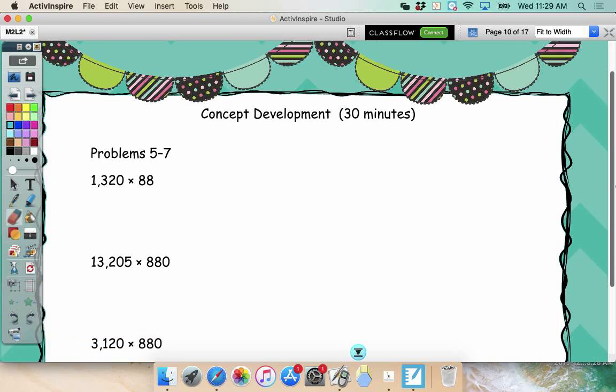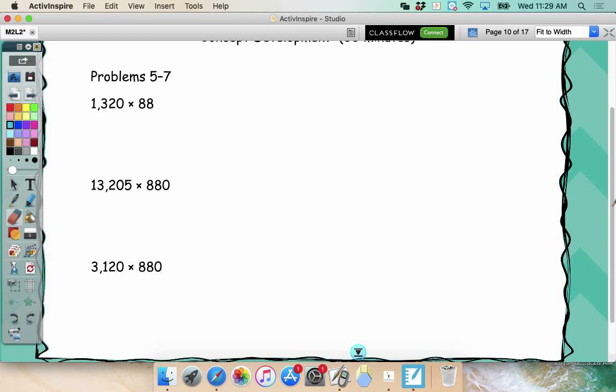So Bryston, help me round 1,320. The 3 says stay the same, right? So we've got 1,000 times 90. 88 rounds to 90. I don't think I have to write anything down here. Do I?